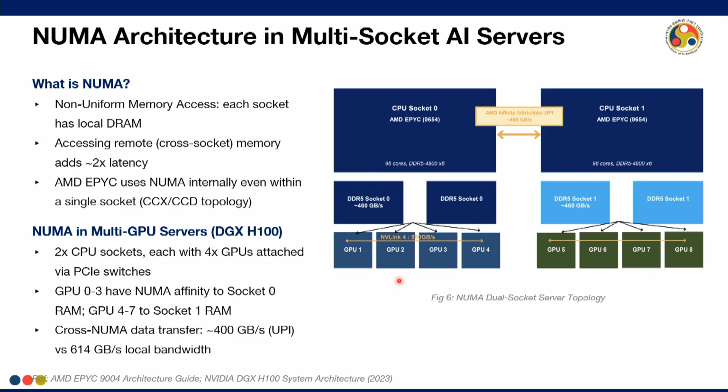So you need to know exactly where you are pinning your data loading and your training pipeline. This is a very good example of where to pin which workload in your system. If data loading uses cores in socket 0, and I pin my training to GPU 4, it's fine.